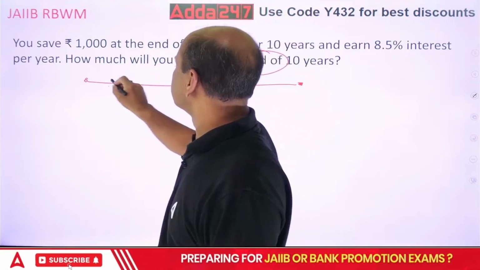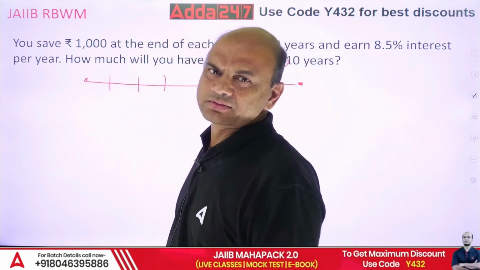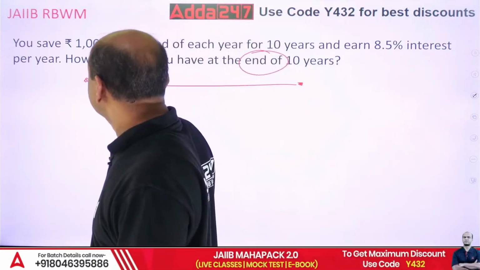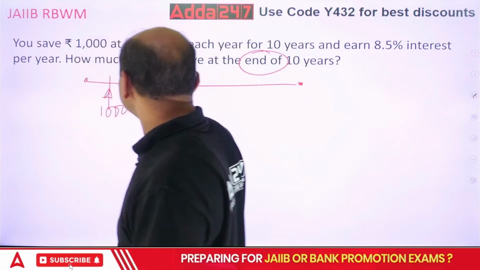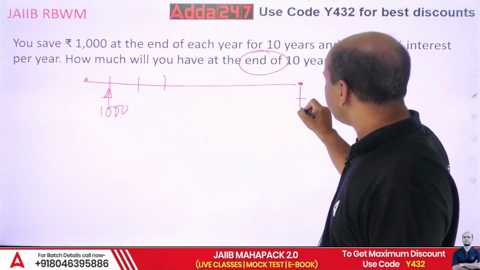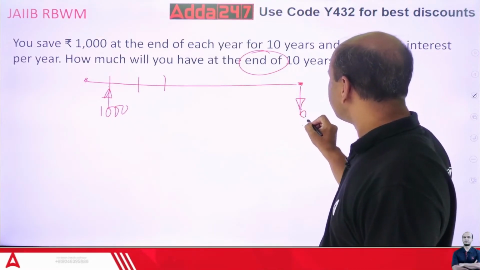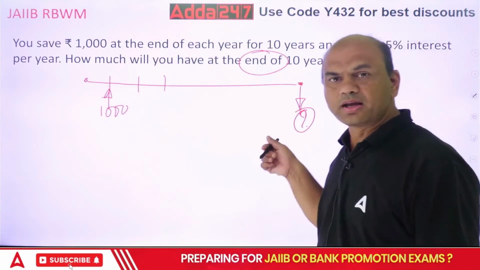So every year I am putting 1000 rupees, for 10 years. Now what will I get at the end? What is my amount at the end? That is the question.